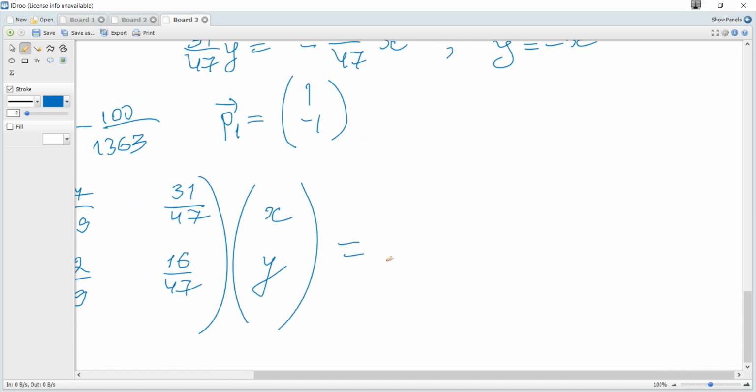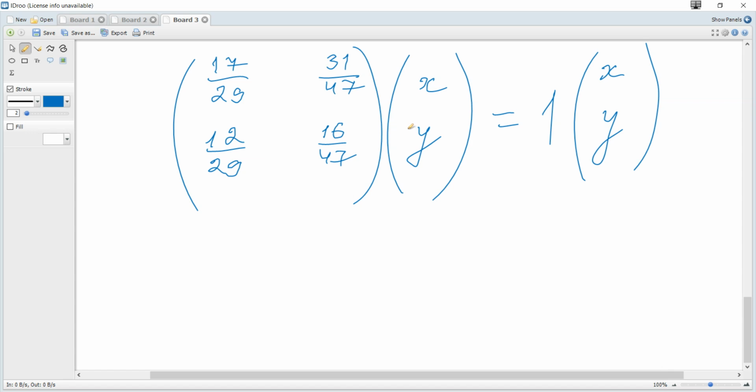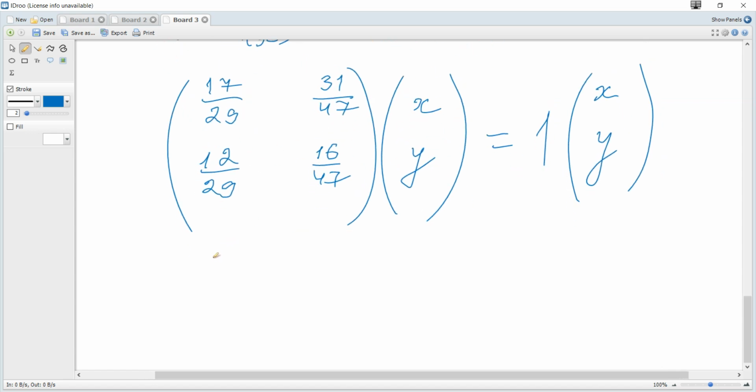And is equal to 1 times xy. Then multiply two matrices, it becomes xy, so it's 17 over 29x plus 31 over 47, y is x, and 12, definitely it's enough only the first.